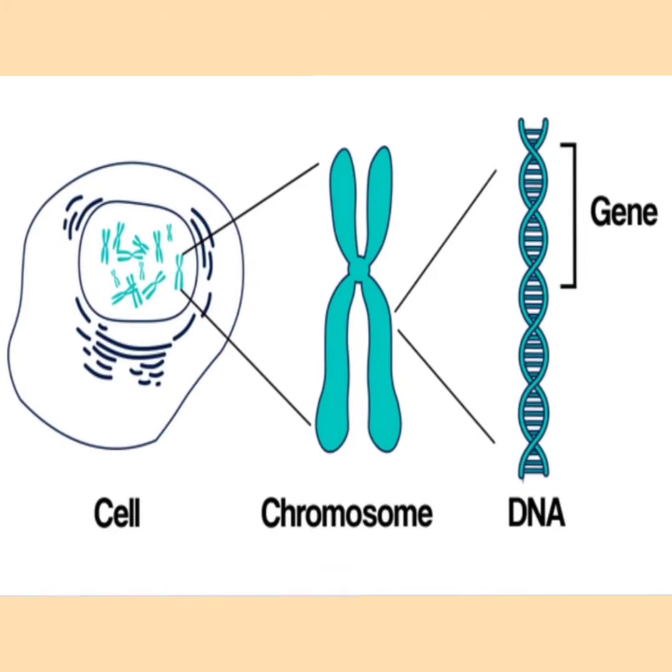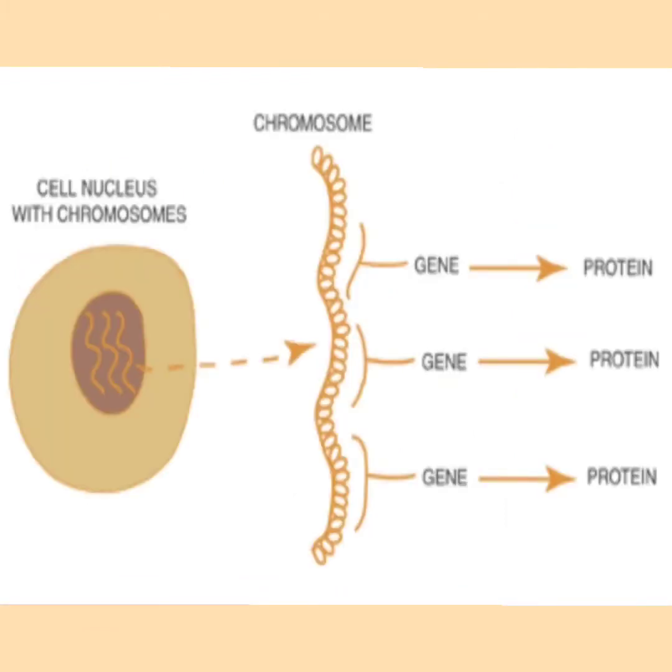The nucleus contains the chromosomes. The chromosomes contain the deoxyribonucleic acid. And the deoxyribonucleic acid contains a number of genes. Each gene codes for a particular protein. And the proteins are responsible for the structure and function of the human body as well as the organism.